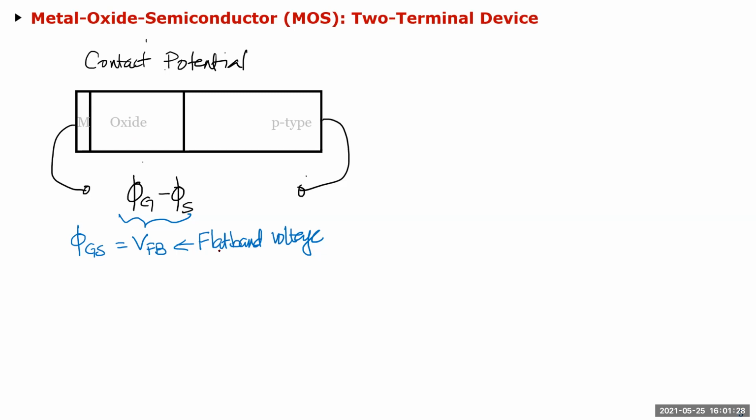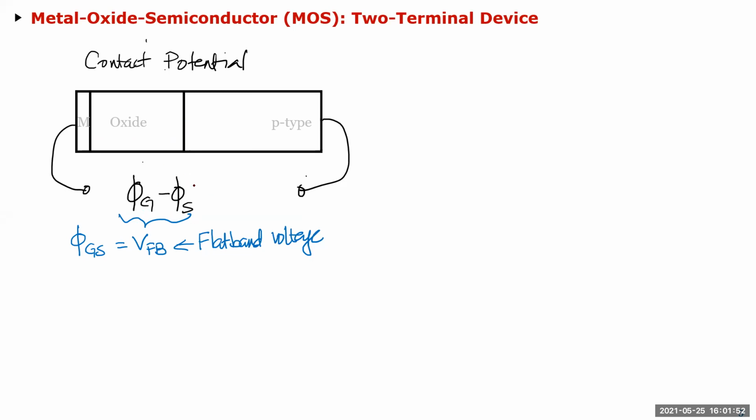The term I'm going to add is this contact potential, because although I cannot measure it, it exists within the structure, and I have to overcome it first before I can do what I explained in the last slide. In the last slide, I was explaining that I apply a voltage and it will invert a channel.